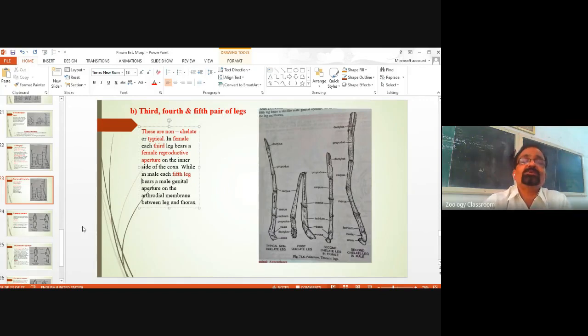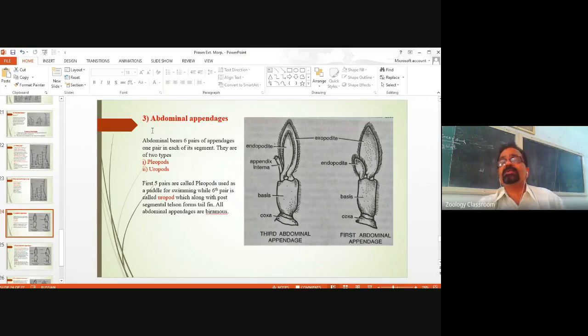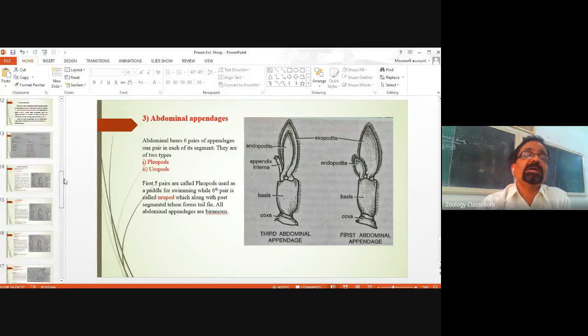Now let's come to another part of the body. Up till now we have discussed the appendages of the cephalothoracic region. So what is the next part of the body? Abdominal part, abdomen. So abdominal appendages. Now we are going to begin with the abdominal appendages. As we have mentioned earlier, I have also shown you the diagram here.